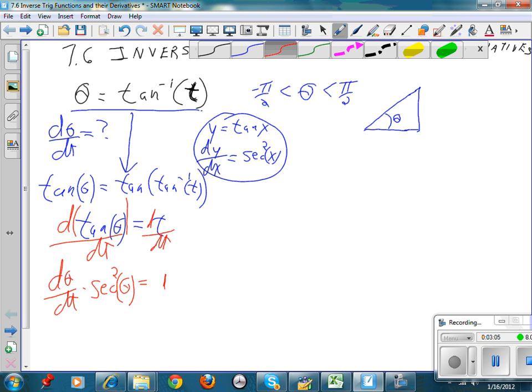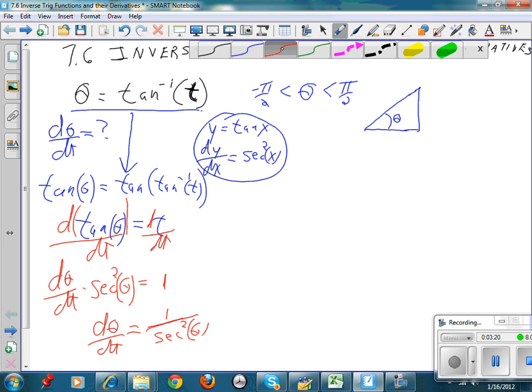Oh, that's just 1. This would leave us with d theta dt is equal to 1 over the secant squared of theta.